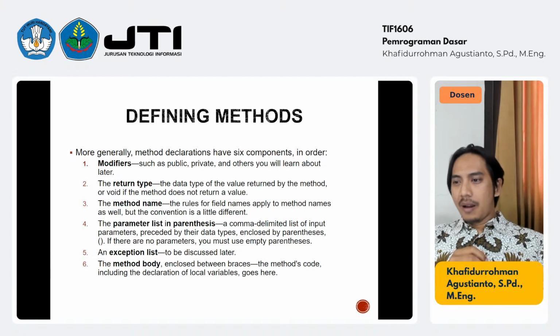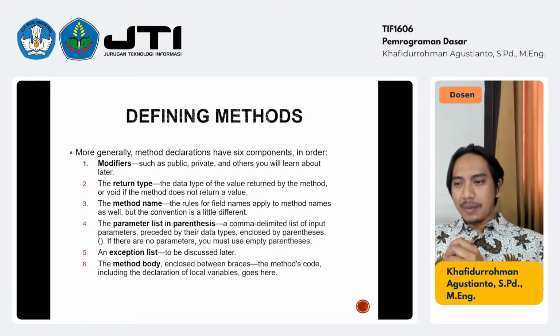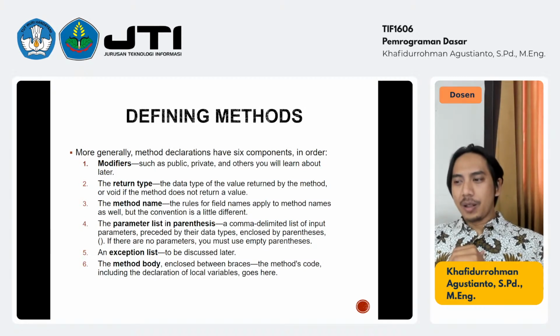The rules for field names apply to method names as well, but the conventions are a little different. Then the parameter list in parentheses, a comma-delimited list of input parameters preceded by their data types, enclosed by parentheses. If there are no parameters, you must use empty parentheses.